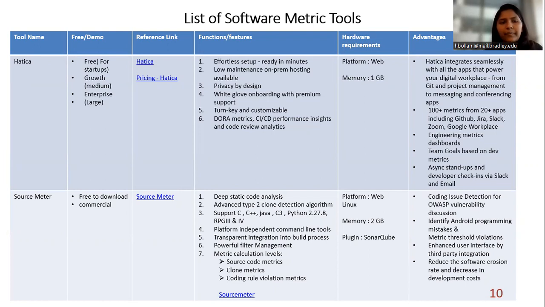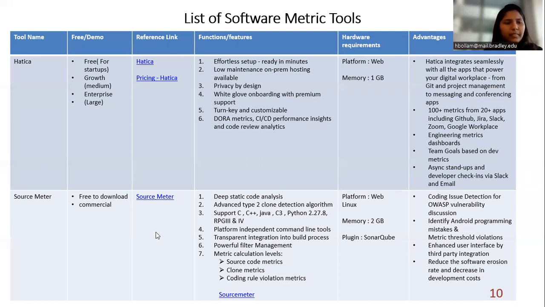And there are asynchronous stand-ups and developer check-ins via Slack and email. Slack is nothing but a messaging app, so it provides an easy integration with Hatica. So this is pretty much about the Hatica tool.